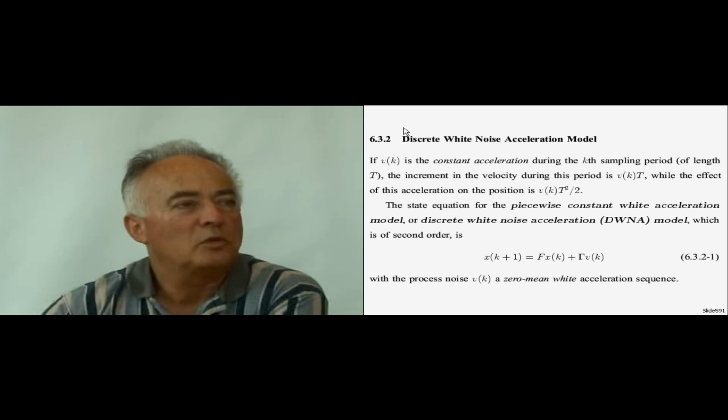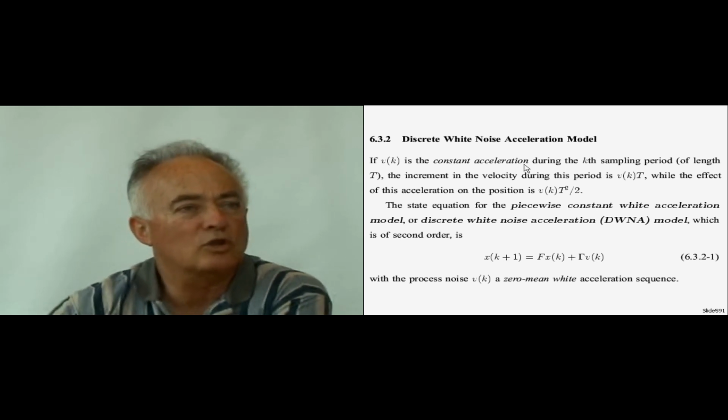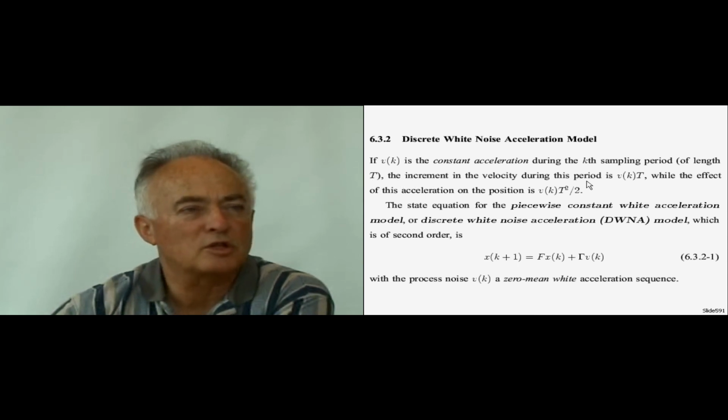The discrete white noise acceleration model assumes that v_k is a constant acceleration during the kth sampling period. The length of this interval is T. Then the increment in the velocity during this period will be v_k times T, the interval, while the effect of this constant acceleration on the position is v_k T squared over 2.